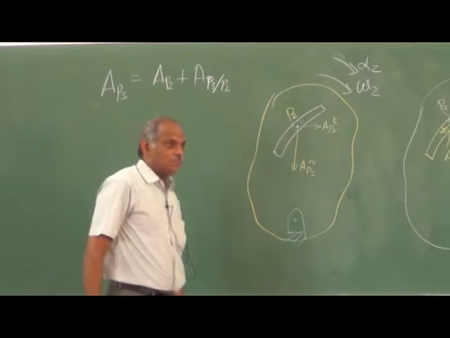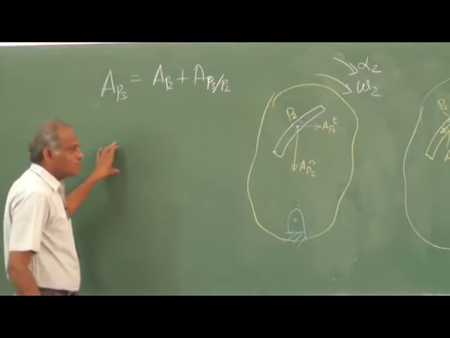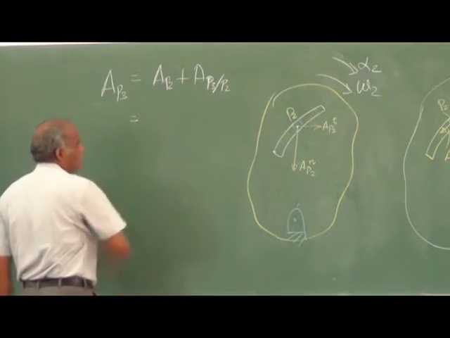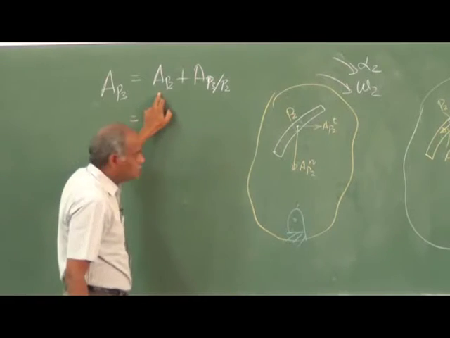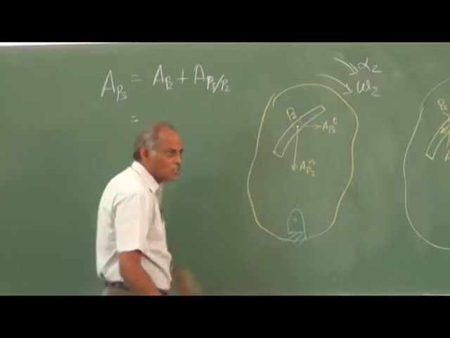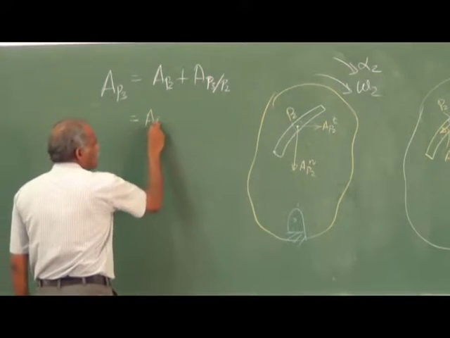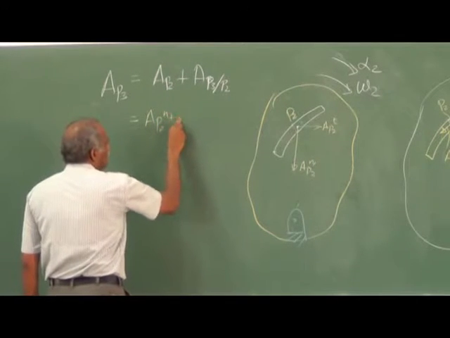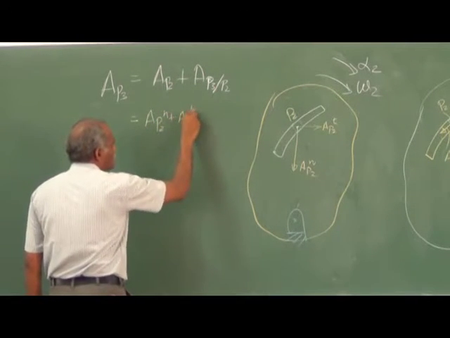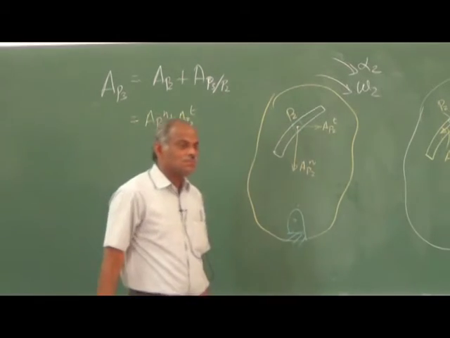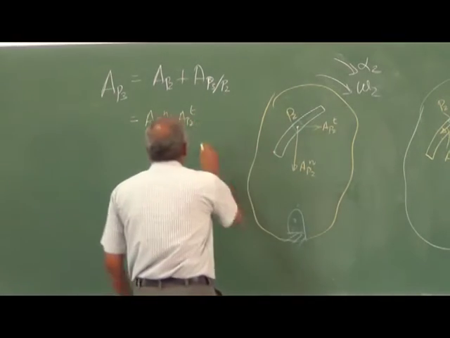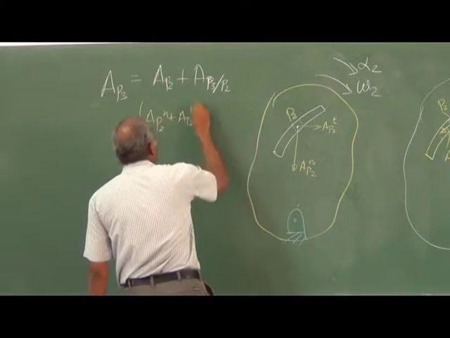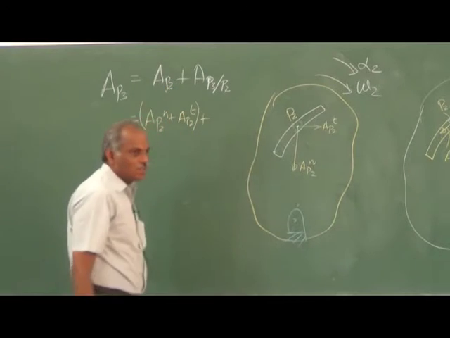That is the equation. Acceleration of P2 has two components, acceleration of P2 normal plus acceleration of P2 tangential.